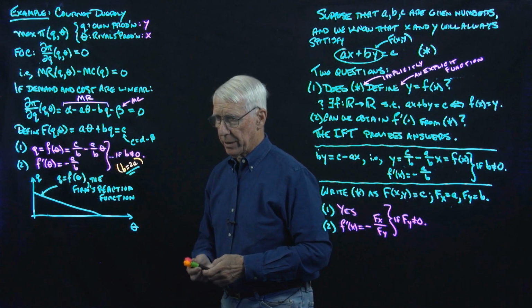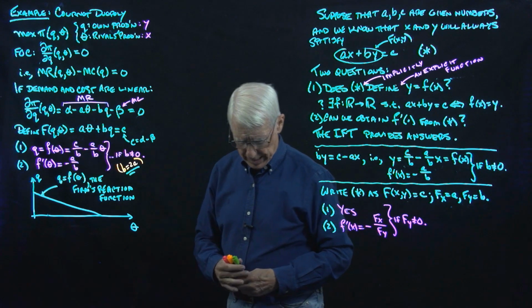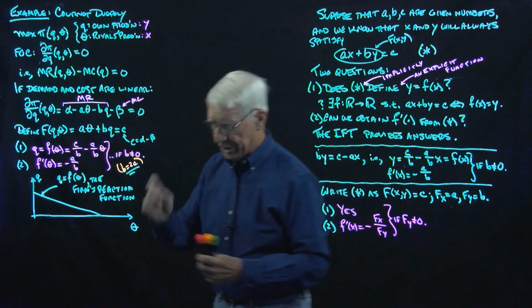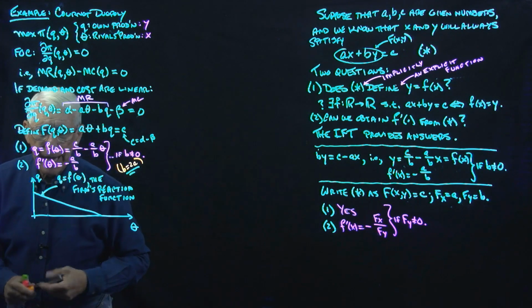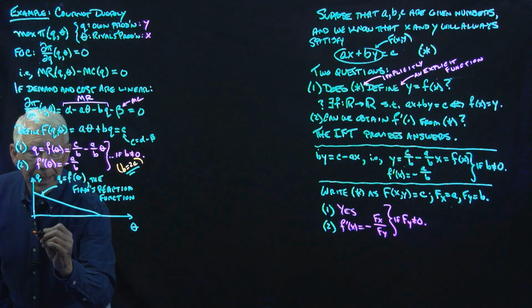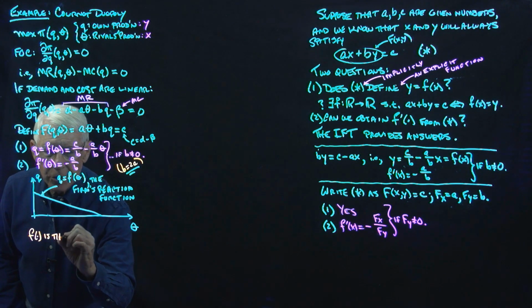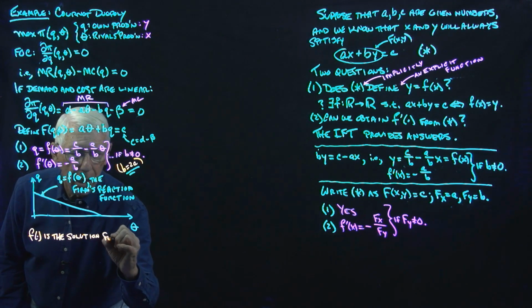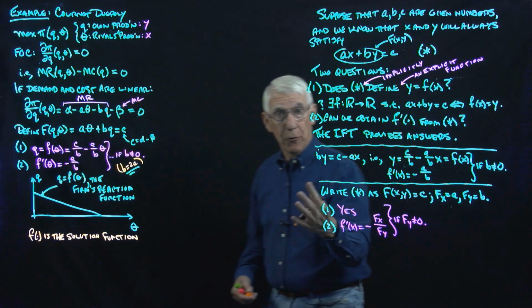Let's see, I think there's one or two other things that I wanted to point out here. Yes, and that is, let me even write this in a different color here. That is that the function here is, of course, just the solution function, which we've talked about before.